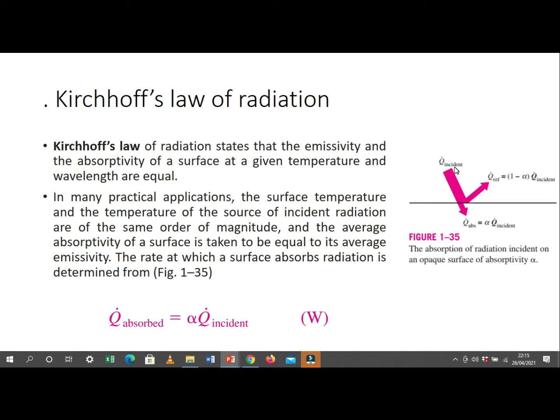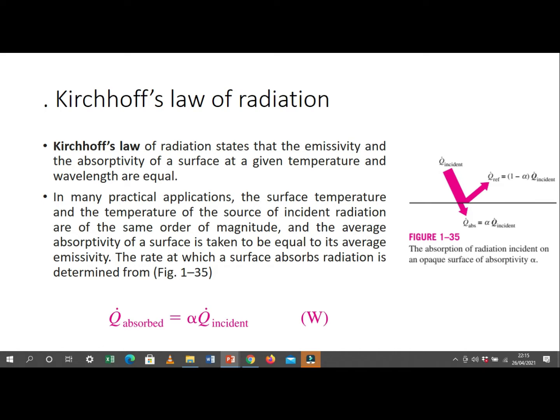A part of this radiation will be absorbed by this surface. So the Q absorbed would be equal to the absorptivity multiplied by the Q incident, whereas a part of the radiation will be reflected from the surface. So the Q reflected would be equal to 1 minus absorptivity multiplied by the Q incident.